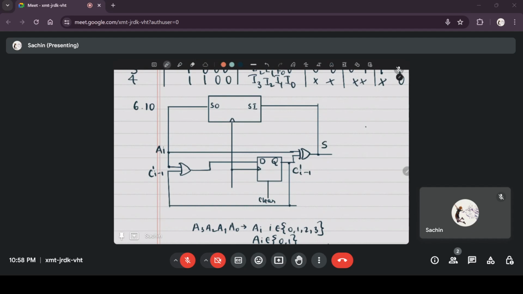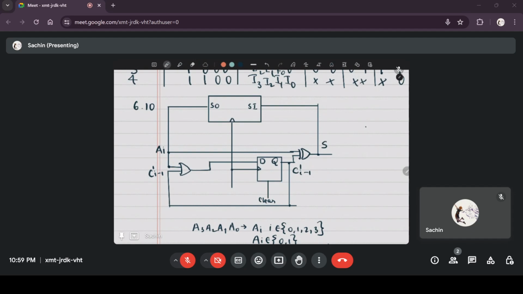Suppose you wanted to add 1 to the uncomplemented form of the number. You just wanted to add 1.